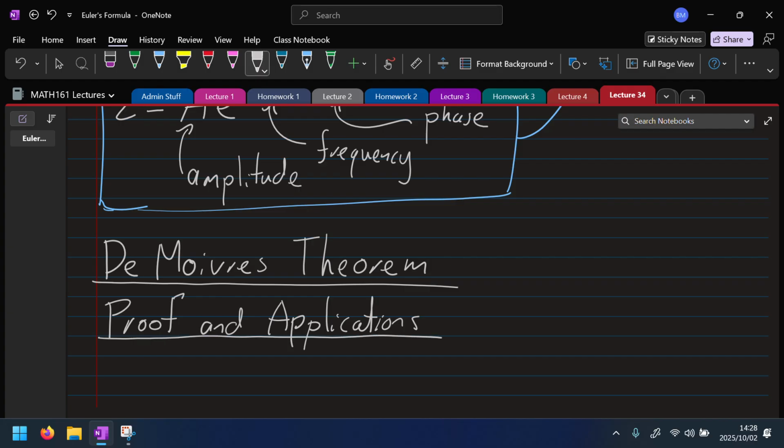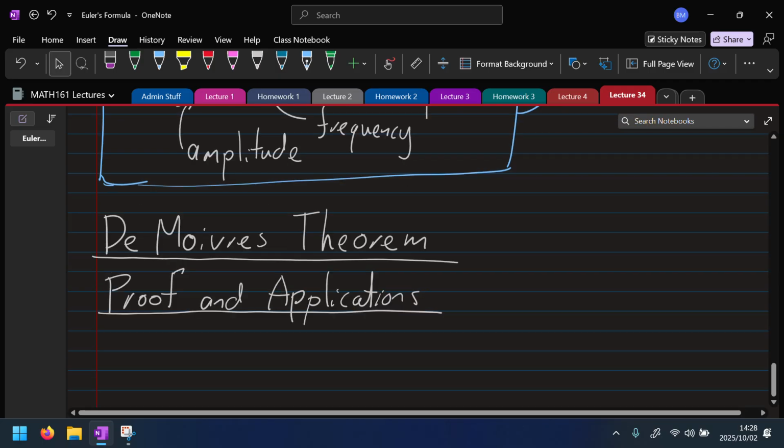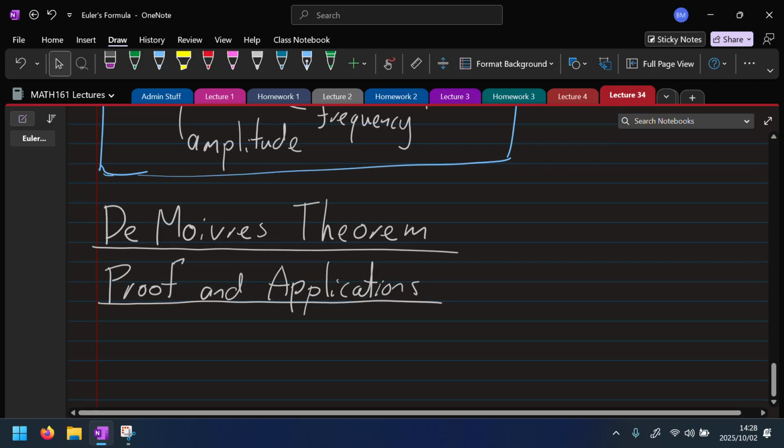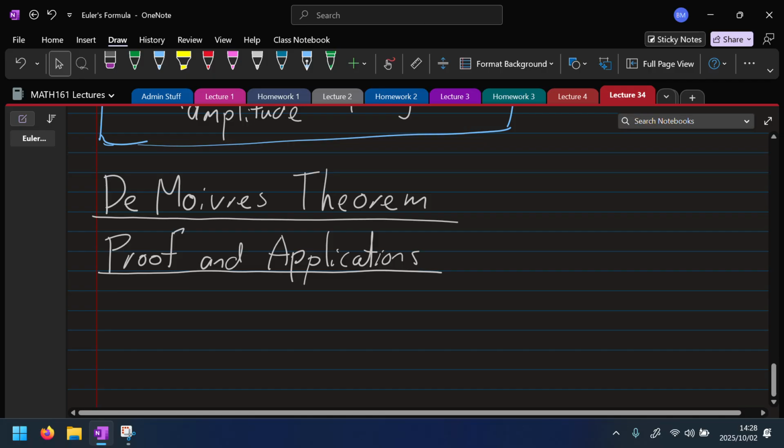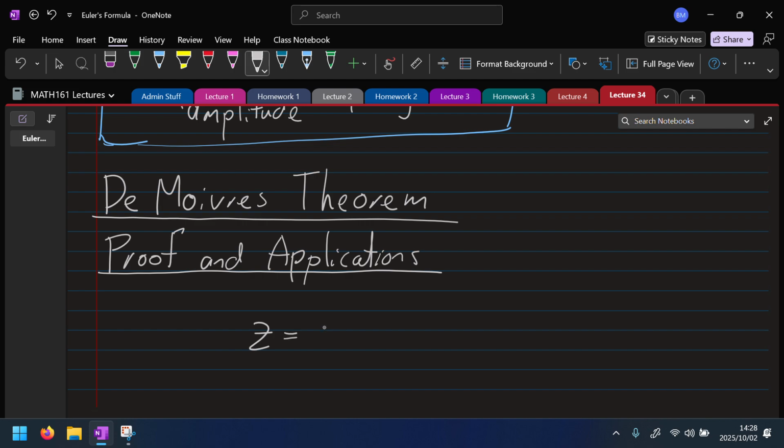Please make sure you know this proof. We'll be using it later on in the applications. Okay, so what is this theorem? Let's say we have some complex number z in polar form. So we can write it as r cos theta plus i sin theta. Yeah, normal complex number in polar form.